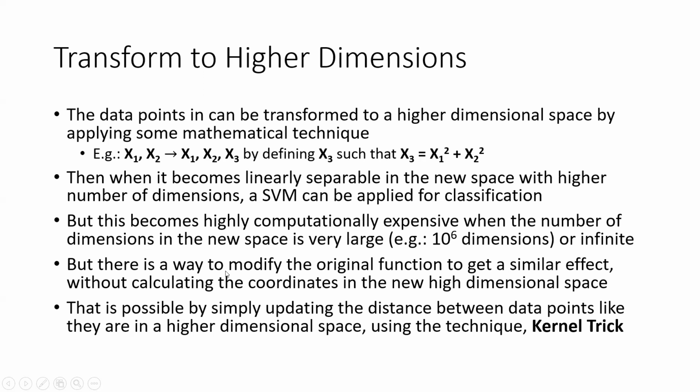Instead of calculating each of these new variables, x3, x4, x5 and so on, where we have to calculate the coordinates in the high dimensions for all these data points, the kernel trick can be used to get the benefit of converting into higher dimensions without actually transforming into higher dimensions with calculations.